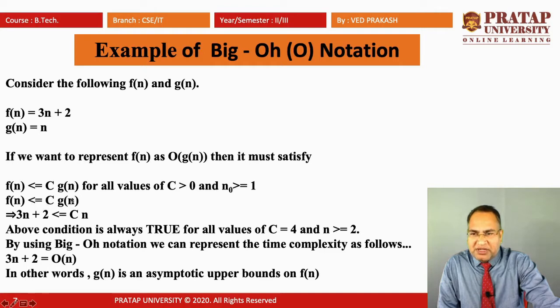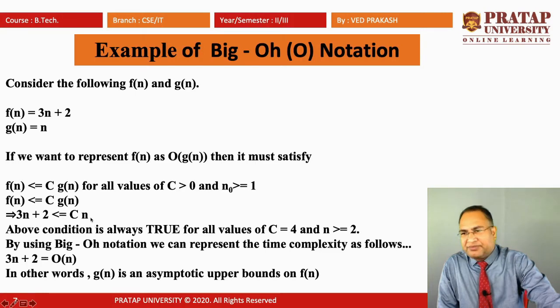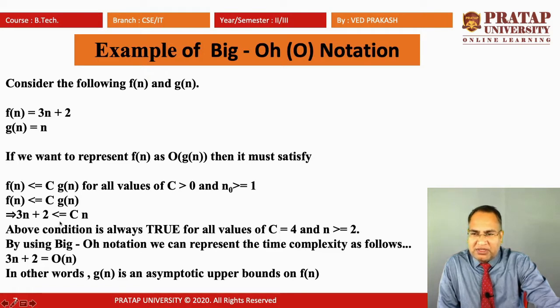Using this condition we apply 3n plus 2 less than or equal to C times n. Considering this inequality, we observe that with C equals 4 and n greater than or equal to 2, these conditions are fully satisfied.